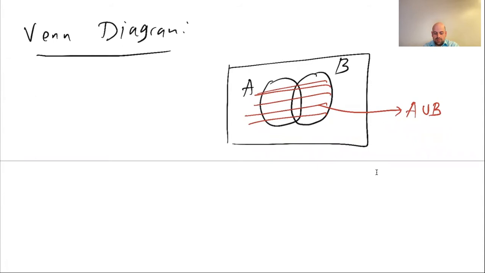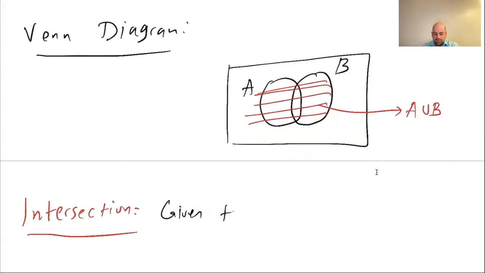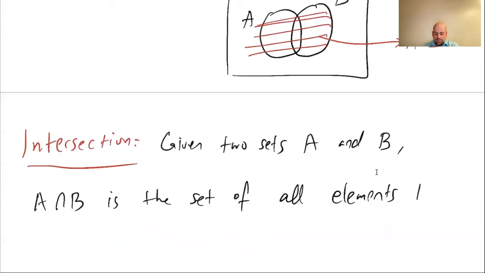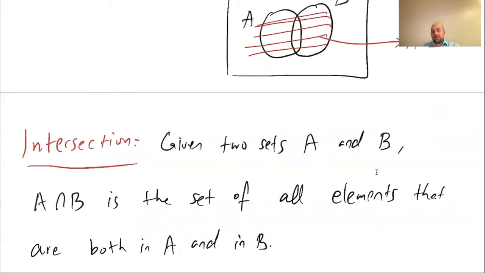Okay. Now let's look at intersection. So again, given two sets, A and B, A intersection B is the set of all elements that are both in A and in B. In other words, the set of common elements.